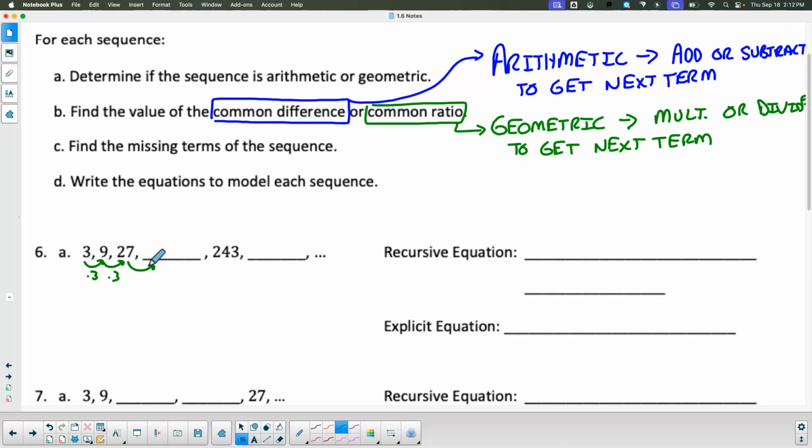Okay? 27 times 3? 81. So this is going to get filled in with 81. Okay? Then we still multiply by 3 to get 243. Then I multiply by 3 again to get 729. Okay?